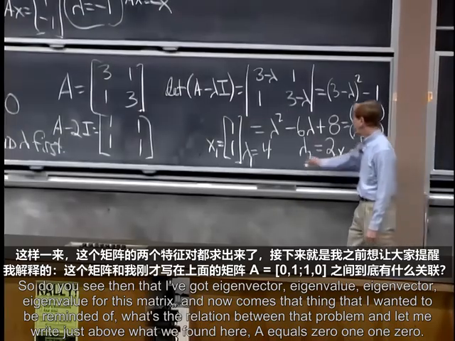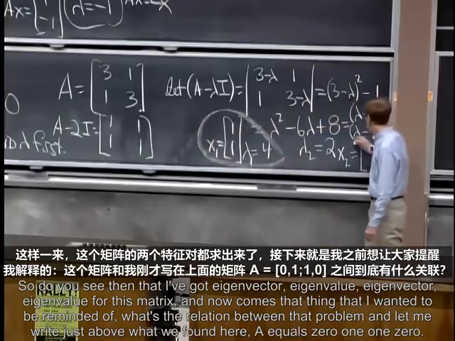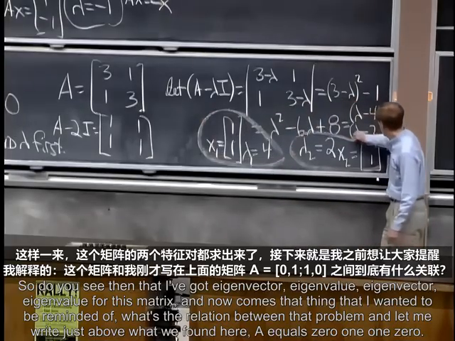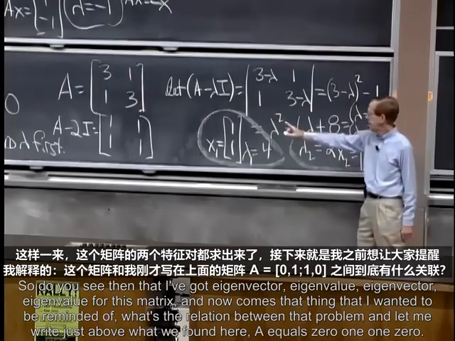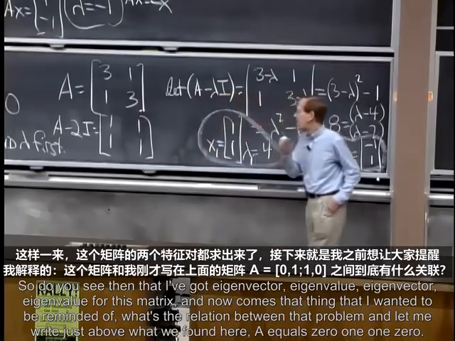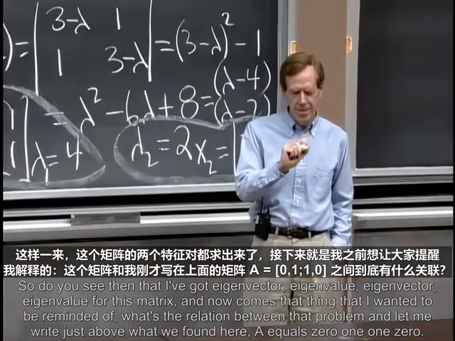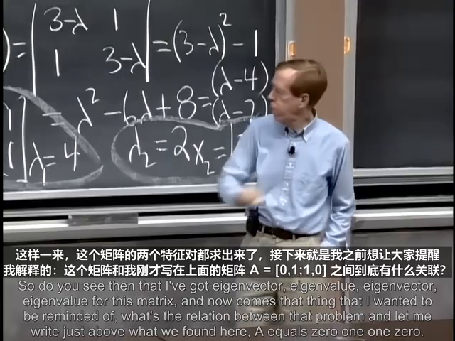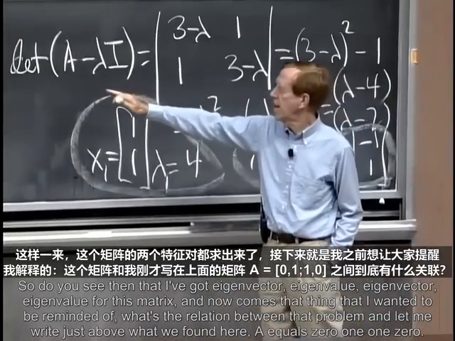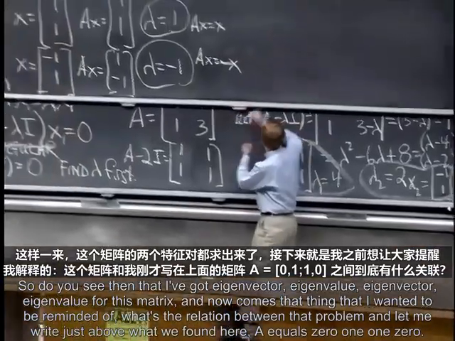So I've got eigenvector, eigenvalue, eigenvector, eigenvalue for this matrix, and now comes that thing that I wanted to be reminded of. What's the relation between that problem, and let me write just above what we found here, A equals 0, 1, 1, 0.